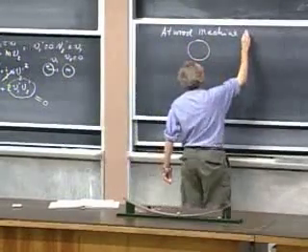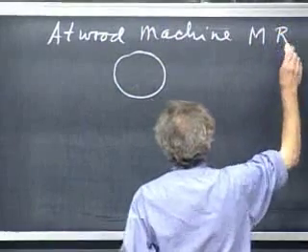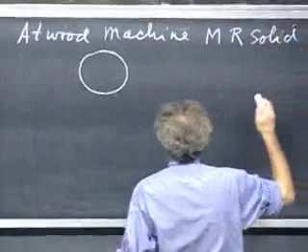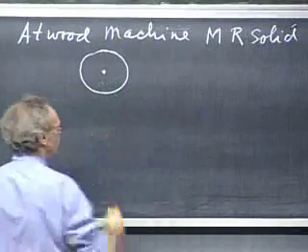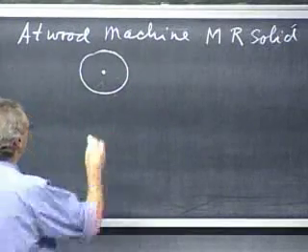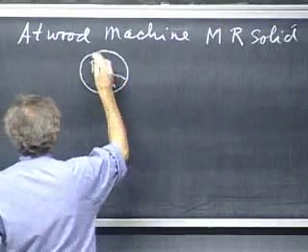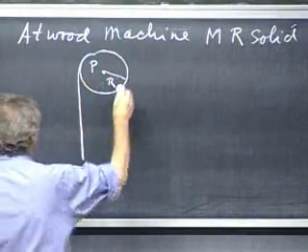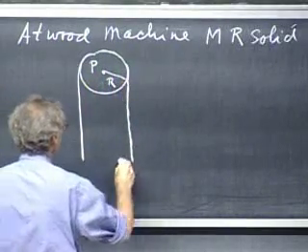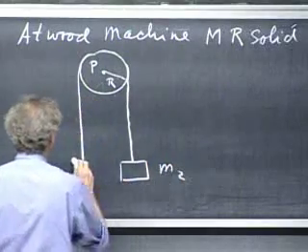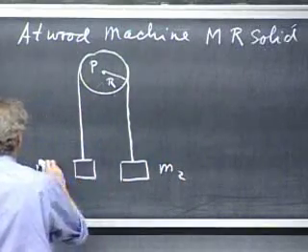The pulley has mass m, has radius r. It's solid. So it's a solid disk, rotates, frictionless about point P, radius r, and there is a rope here, near massless. We ignore the mass. Mass m2 is here, and mass m1 is here.